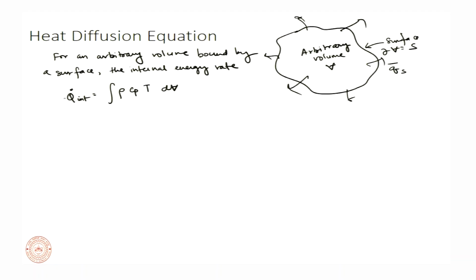Now, this is a rate and this is energy. So, this is in watts, this is in joules. So, we need to do a differential with respect to time. Okay, this is our internal energy for the given volume. Now, assume a flux. So, assume heat is lost from the surface as a flux.